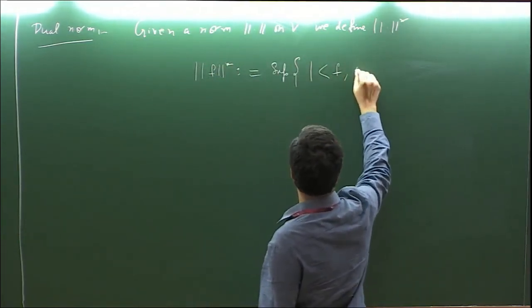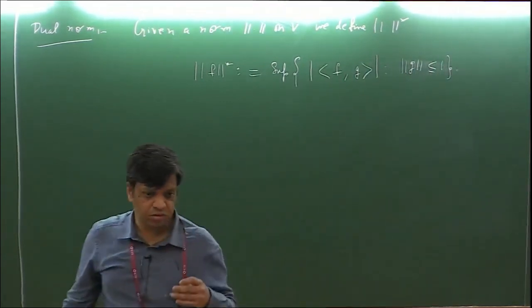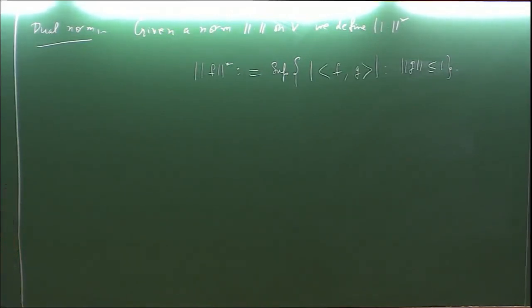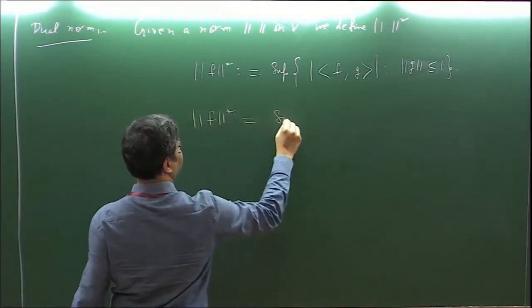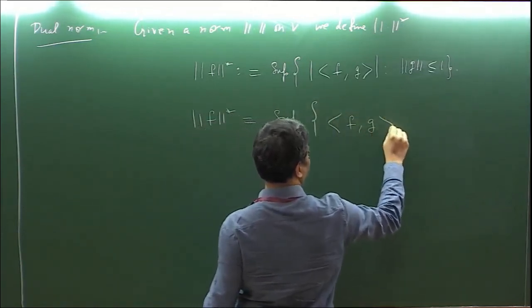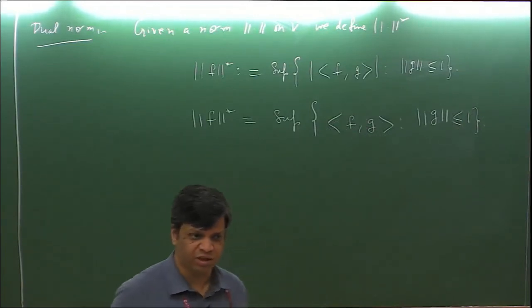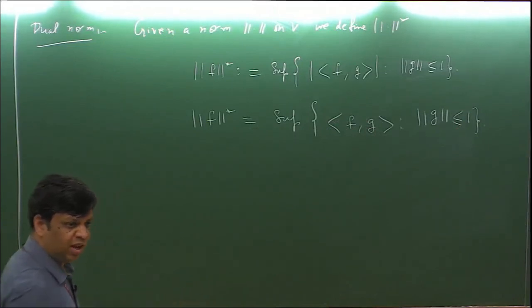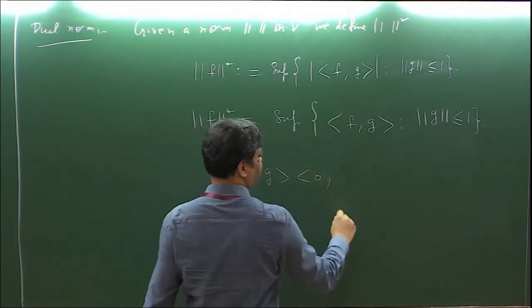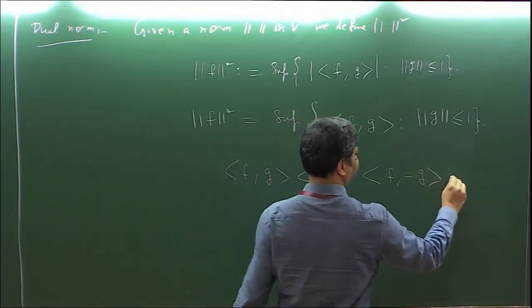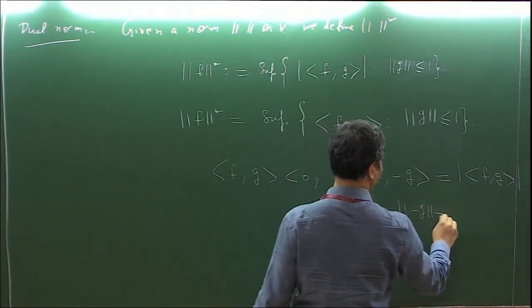In fact, what we have is, we don't need to take the modulus, we can just take the supremum without the modulus. Because if the inner product of f and g is less than 0, then the inner product of f and minus g will be equal to the modulus of the inner product of f and g, and the norm of minus g is the same as the norm of g.